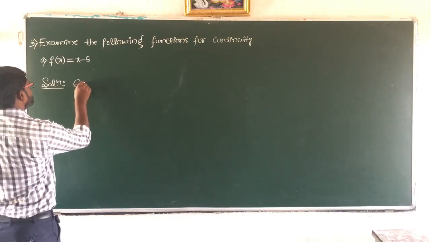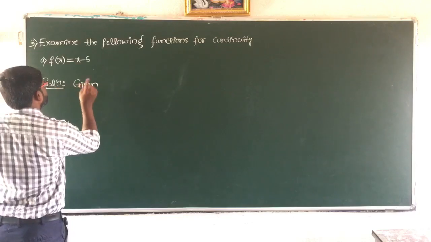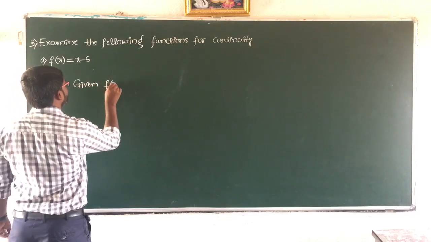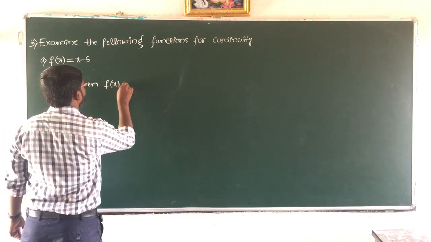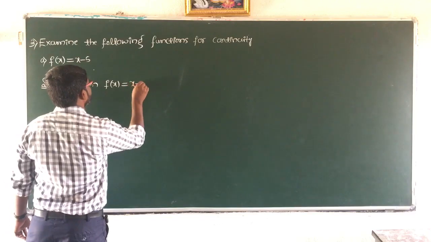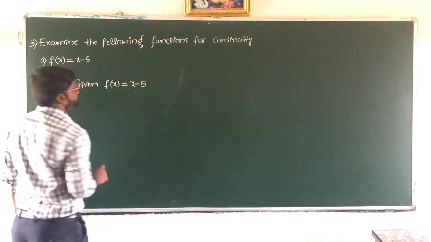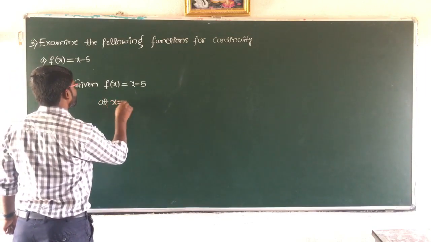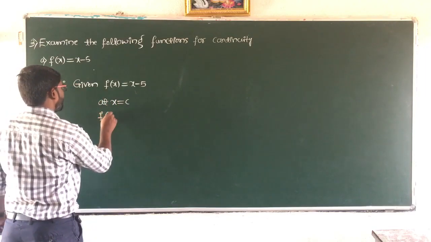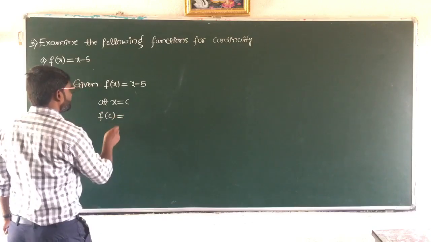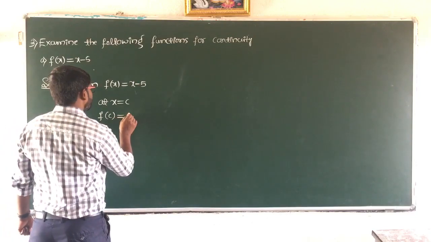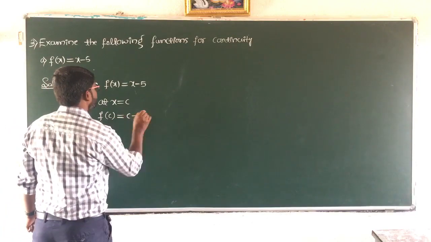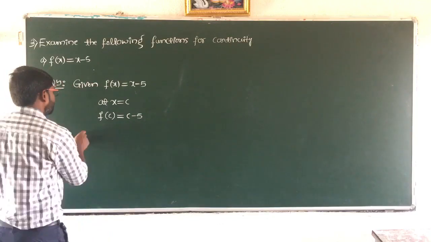Given f of x is equal to x minus 5. Now, at x equal to c, f of c is equal to c minus 5. Now, I will go for the limit.